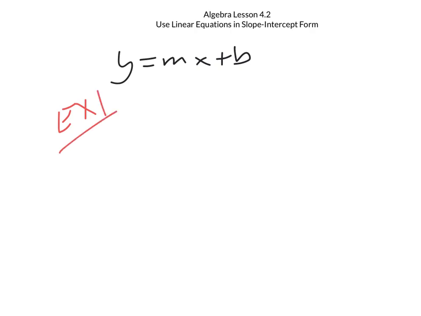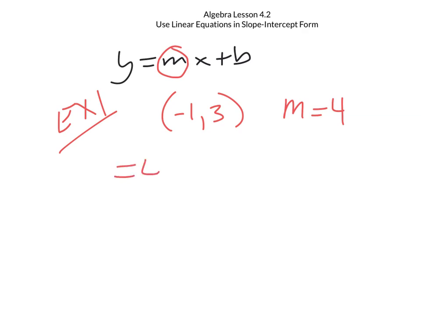So, example 1. They tell you that the point they want you to use is -1, 3, and the slope equals -4. So if I were to plug all this in, I know what my slope is, so I can plug in where the m is. So I get 4.